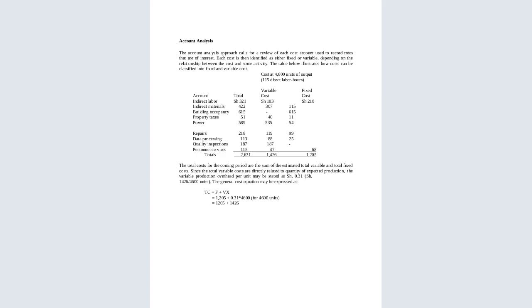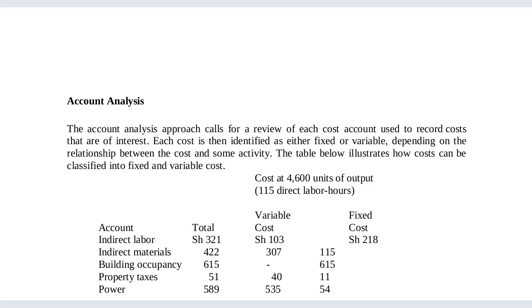For example, if you have the profit and loss account, there is the expenditure section, and you have to identify from those particular expenses which costs are fixed and which ones are variable. That aspect of dissecting the total cost into fixed cost and variable cost, you call the account analysis method. So you have an illustration there of how costs can be classified into fixed and variable.